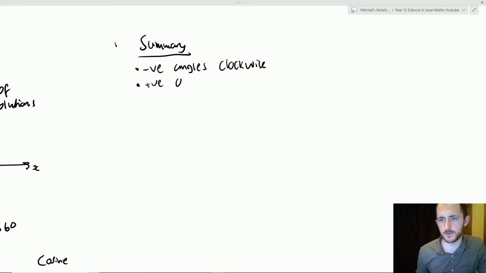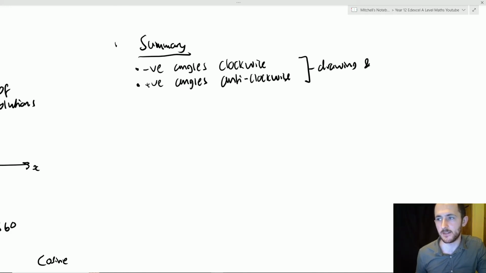Positive angles are anti-clockwise. Now this refers both to drawing and reading the values. So if you ever want to read a negative value, you go clockwise. If you ever want to write a negative angle, you go clockwise as well. So reading and drawing.